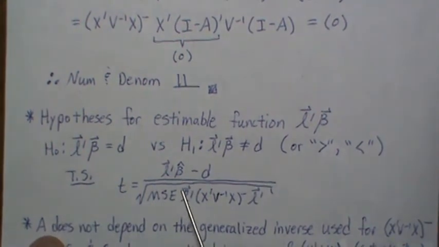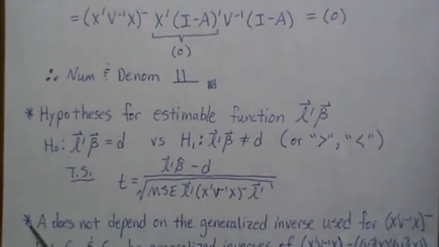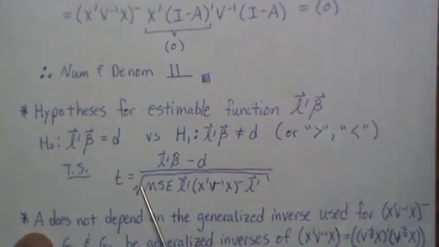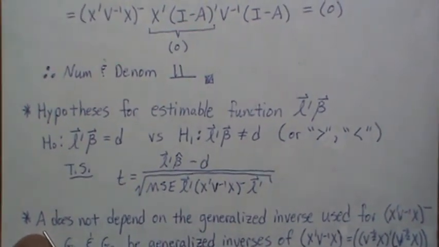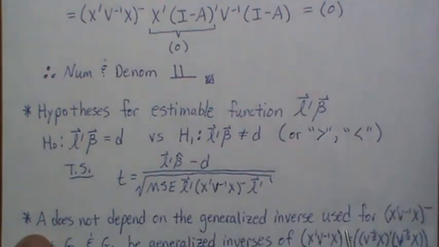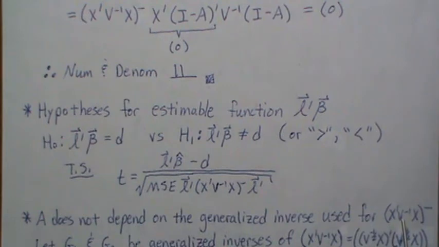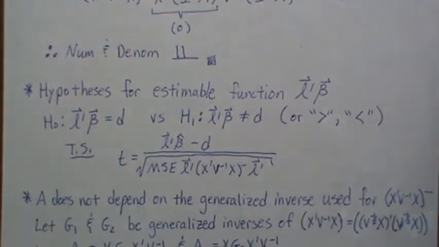And if you look at previous video 51, we really go into depth about this matrix A. But in this matrix, we use a generalized inverse matrix. So I want to show that A does not depend upon the generalized inverse used here. And that's what we're going to prove.